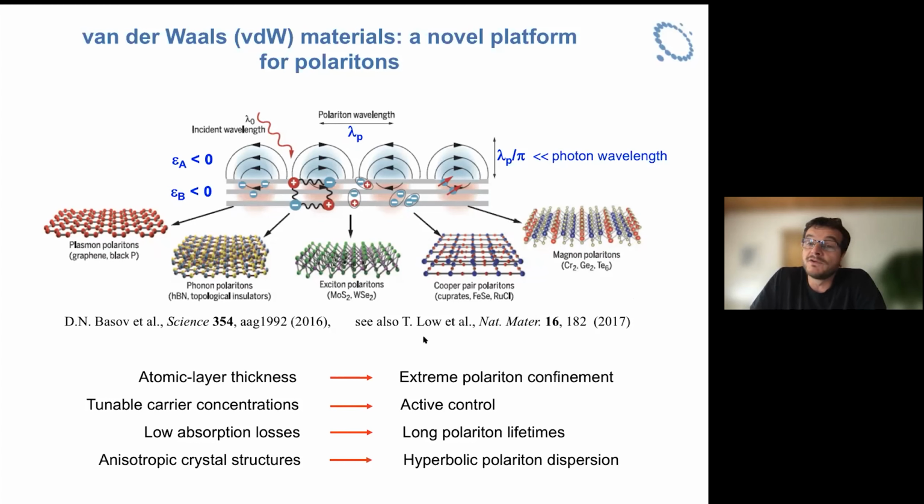These polaritons in 2D materials are particularly interesting because, first of all, because of their thinness, we get an extreme polariton confinement, meaning we can shrink light to extreme dimensions. Then in graphene, we can tune carrier density. We can have active control of the polariton wavelengths. What is also very important, these excitations typically have very low losses, and that means we have long polariton lifetimes. We have an anisotropic crystal structure which gives rise to very exotic propagation of light, but I don't want to talk about this in this talk.